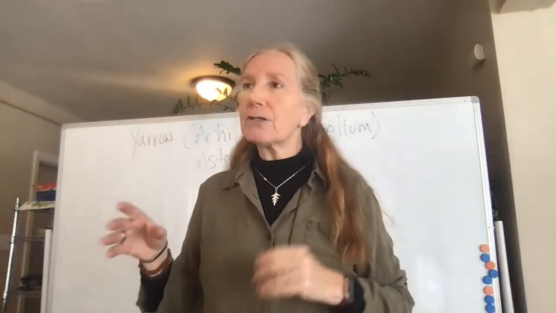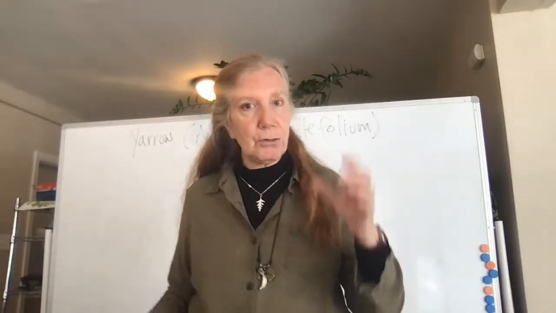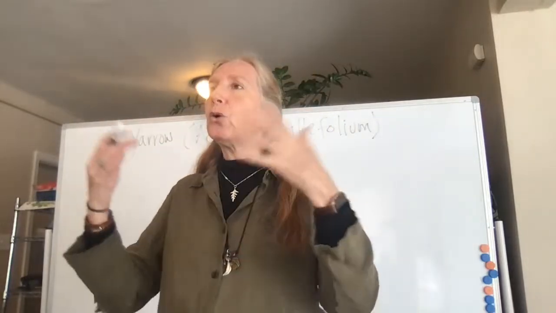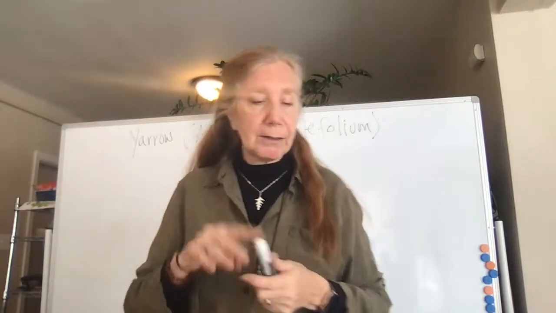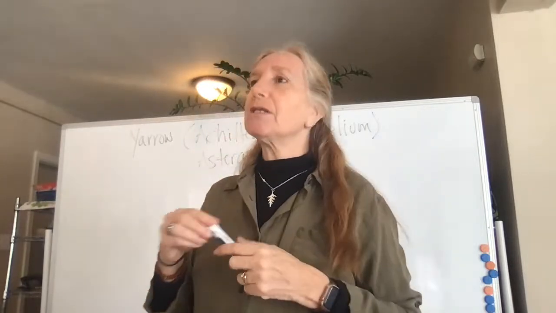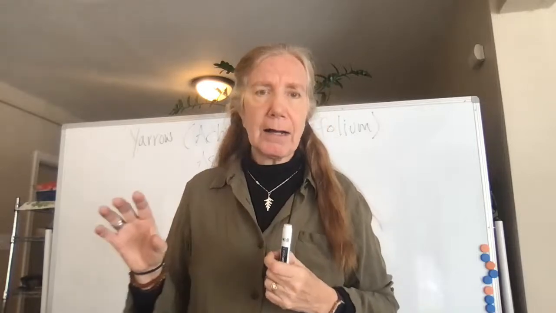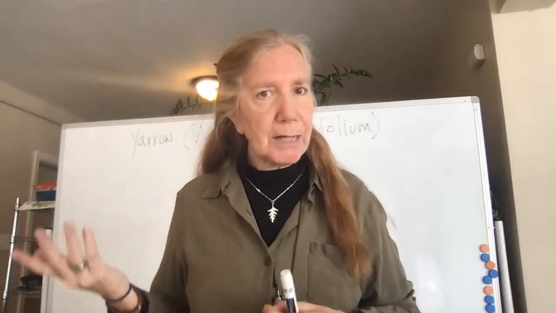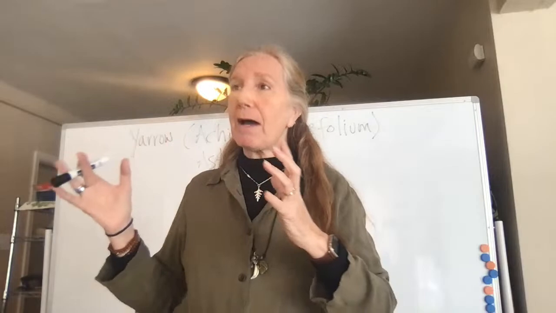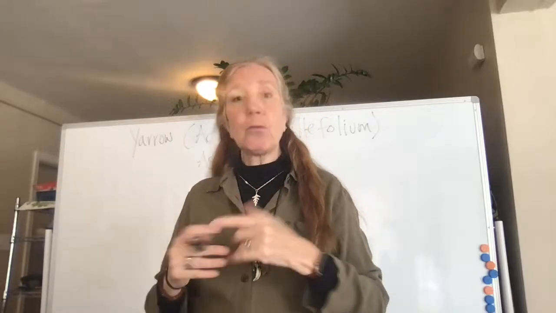So yarrow. Now there is another plant called yarrow that is native to California. It's golden yarrow or woolly yarrow. In fact, the botanical name is Eriophyllum. Eriophyllum, something beginning with C, and I don't remember. But Eriophyllum is one of our native yarrows.